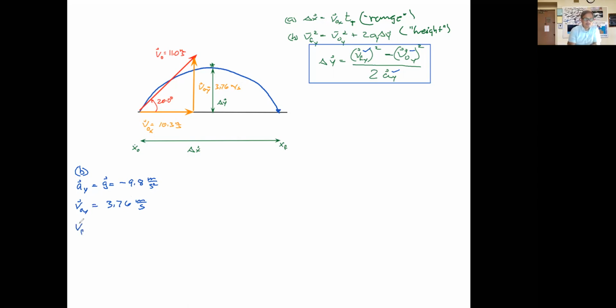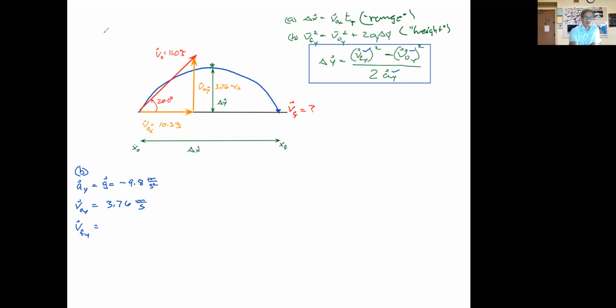Do we know what that final velocity is? Now it would be very tempting to say, well, didn't we say that this is the final velocity over here, the final velocity right before it touches the ground? I'm sorry, final, not the initial. And since this is symmetrical, wouldn't the final velocity along the y just be in the opposite direction?